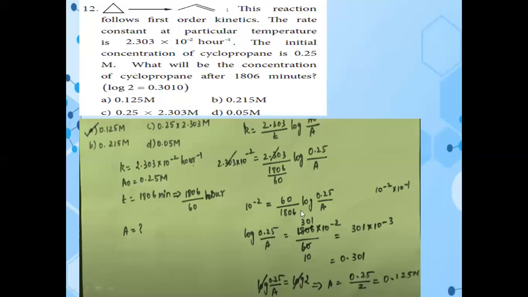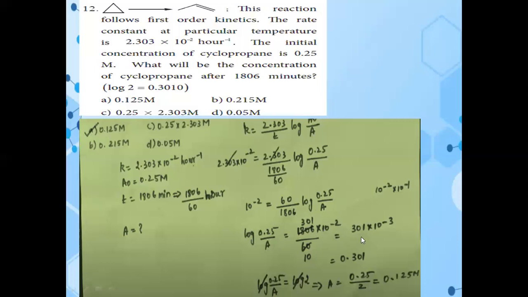Log of 0.25 divided by A equals, this one goes to the left hand side, so 1806 × 10 power minus 2 divided by 60. 60 and 1806 are cancelled, so we get 301 divided by 10 × 10 power minus 2.